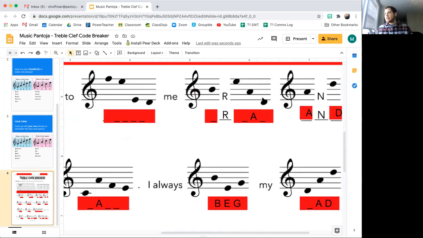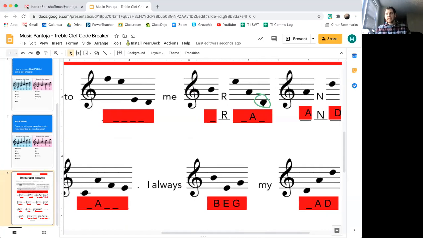So for this note right here, I'm just going to go ahead and circle that. This note is below the staff, and because of that, we don't really have a place for it in our phrase or in our mnemonic. But what we can use is some context clues.